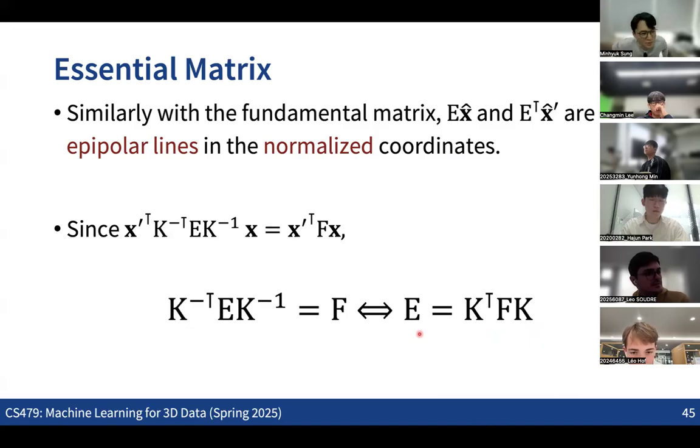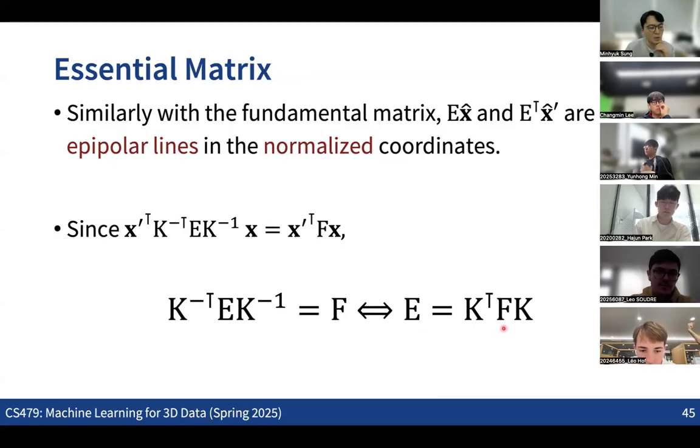So there are a bunch of things we are discussing, like epipolar lines, epipole, the fundamental matrix, and the essential matrix. And we're going to see why we are introducing those things. So the thing is that given the 2D coordinates, we are assuming that the 2D correspondence is given, and also the camera intrinsic parameters are given. So based on that, we are going to see how we can calculate the fundamental matrix.